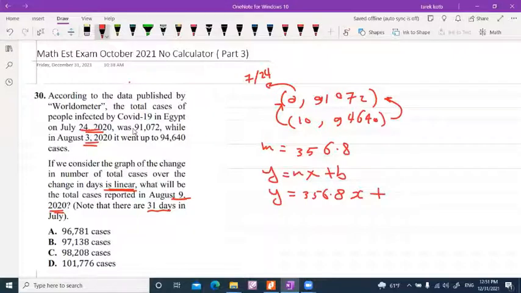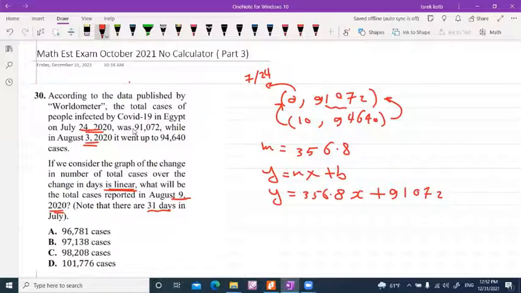The y-intercept here is this number, because at 0 it was 91,072, because x equals 0.